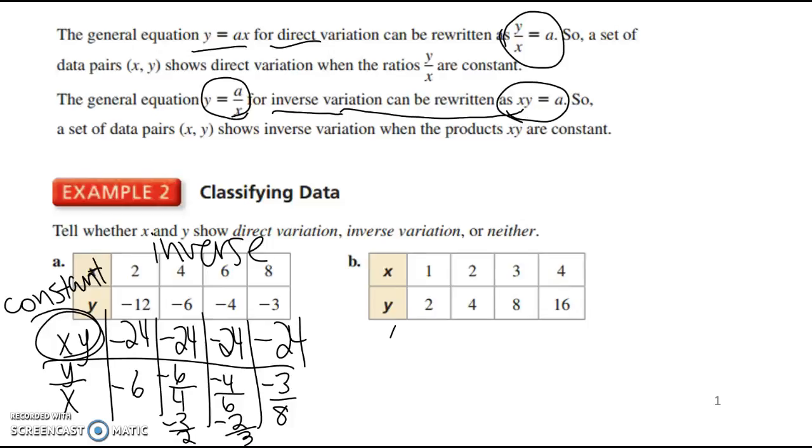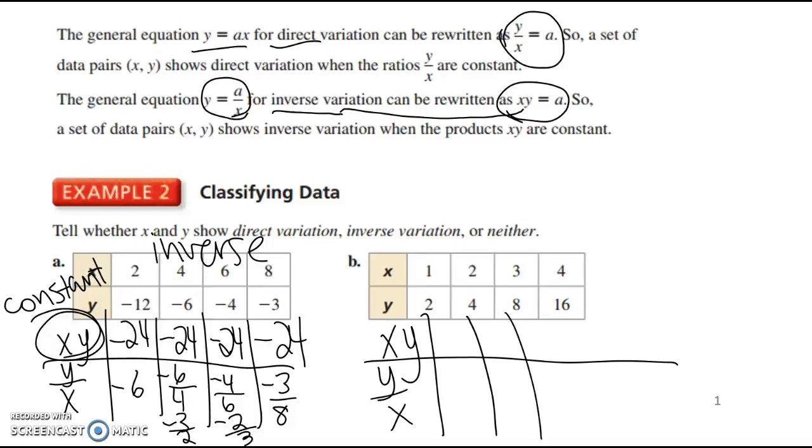For part B, we'll do the same thing. X times y and y divided by x. So try to figure that out for each pairing. We have 2 times 1 is 2, 4 times 2 is 8, 8 times 3 is 24, and 16 times 4 is 64.